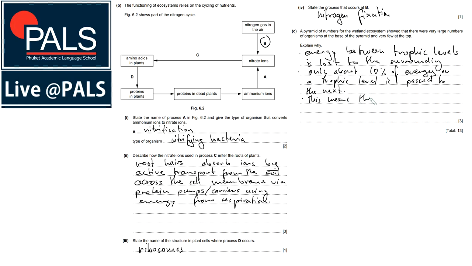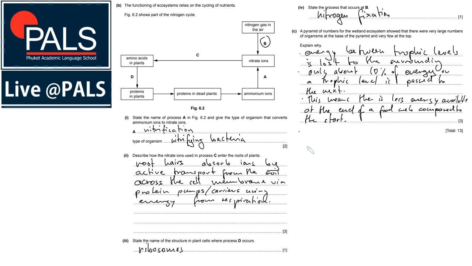This means there is less energy available at the end of a food web compared to the start.